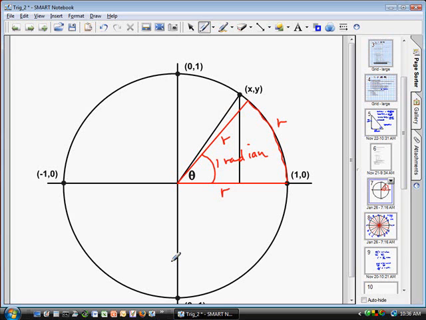But where is 5 pi over 4? Well, where's pi? It's 180 degrees, right? So wouldn't 5 pi over 4 be past that? And it's past it by pi over 4. What's pi over 4? Isn't that a 45-degree angle?